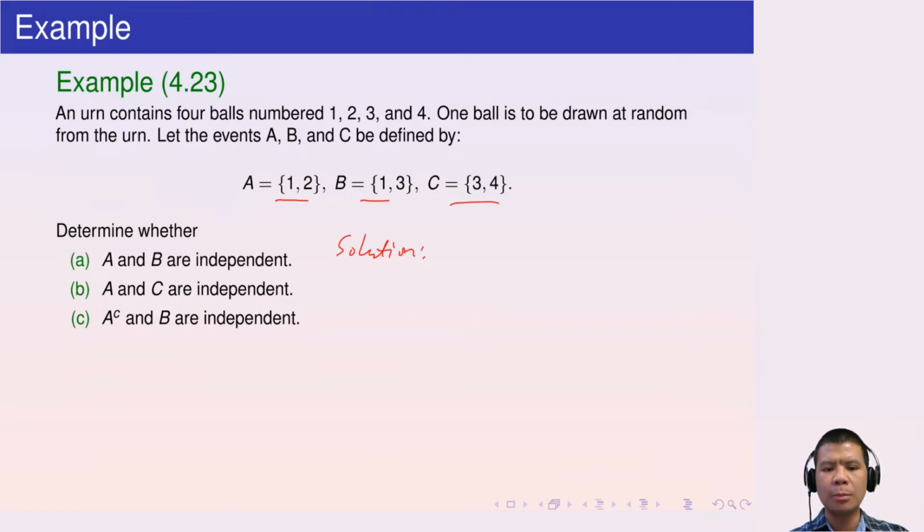Now we know that the sample space is 1, 2, 3, and 4. Since one ball is drawn at random, the outcomes are equally likely.